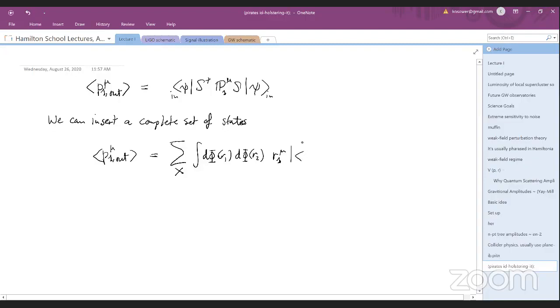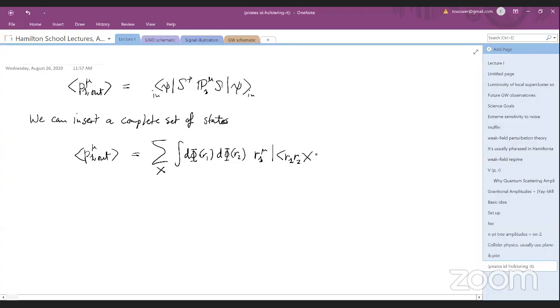And of course, the thing then breaks up into a square. So we have a transition from our initial state to this intermediate state, squared. Again, this is the incoming state, which we have specified.